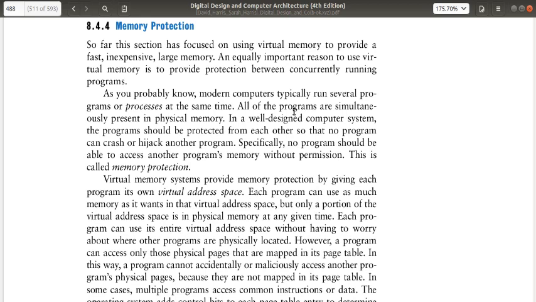So with this I am ending the lectures on virtual memory.